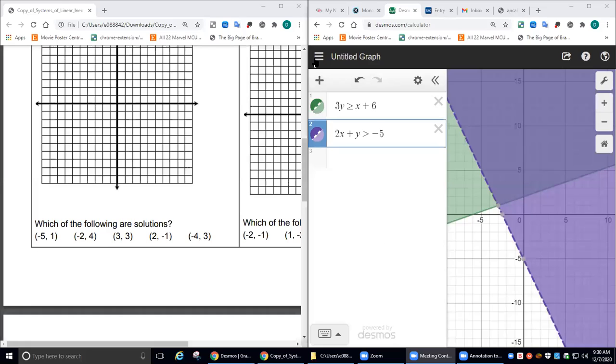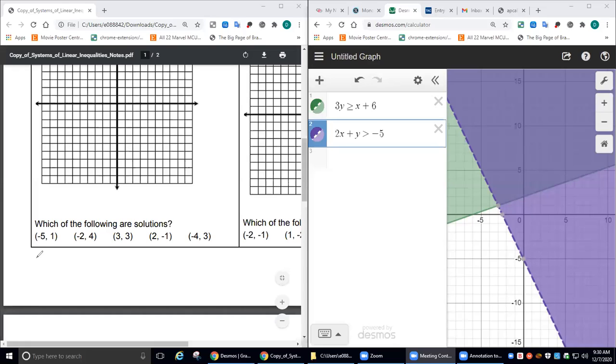Here it is one more time. I'm graphing this guy right here on this graph. This is where it's at, -5, 1. Is this a solution to our graph? No, it's not. Correct. It's not, because it's outside, right?